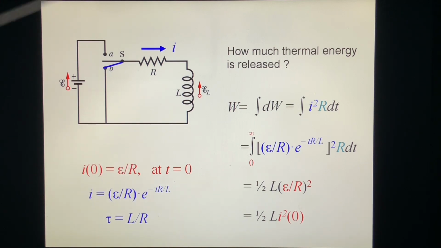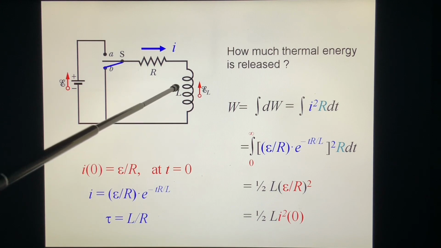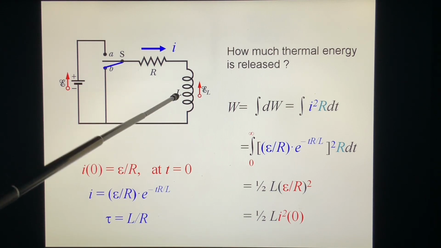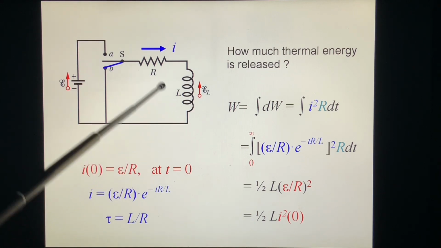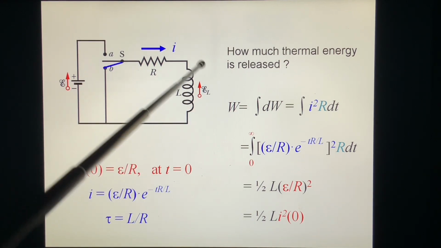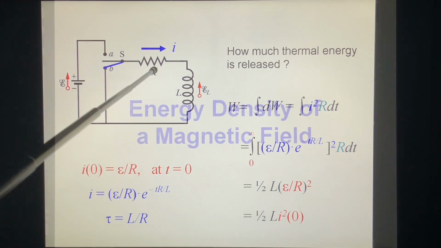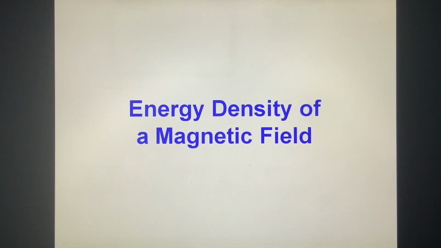We find that the thermal energy dissipated in the resistance is equal to the total energy stored in the coil at the beginning. In other words, all the magnetic field energy is transferred to heat energy.